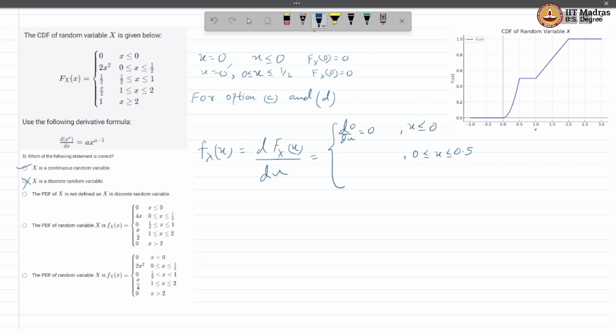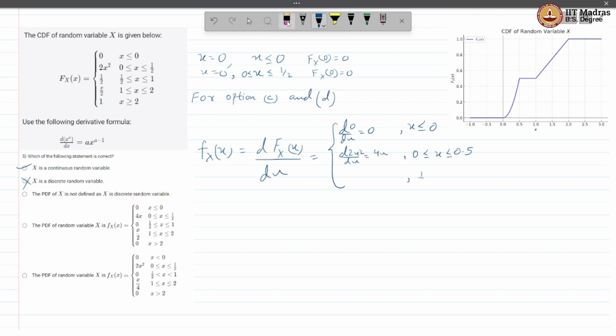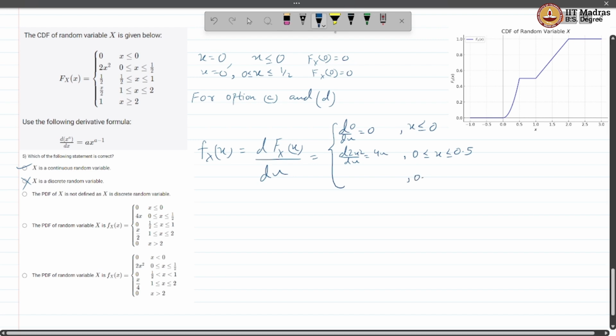So the PDF will be differentiation of 2x squared with respect to x, which is equal to 4x. And similarly, in interval 0.5 to 1, the defined CDF is 1 by 2.